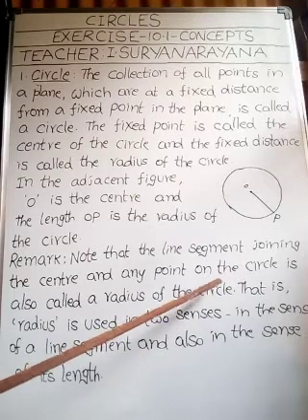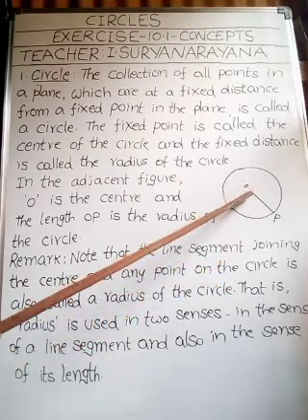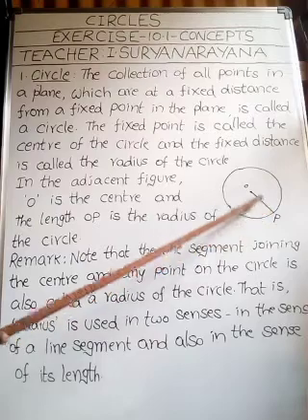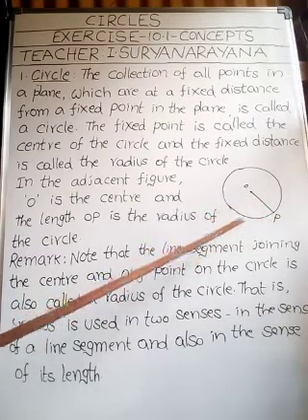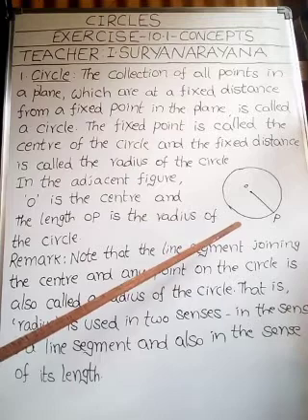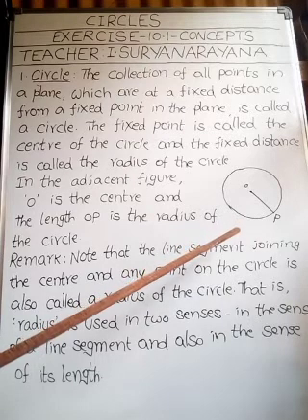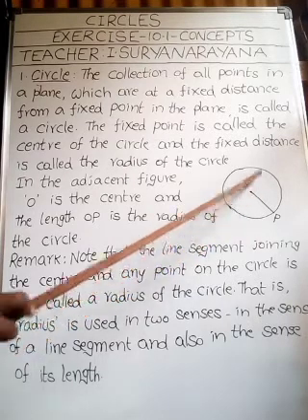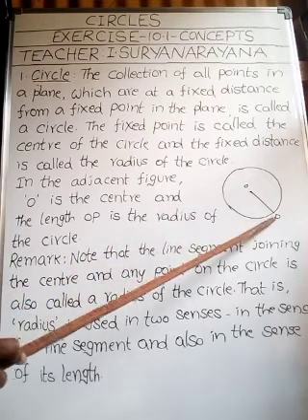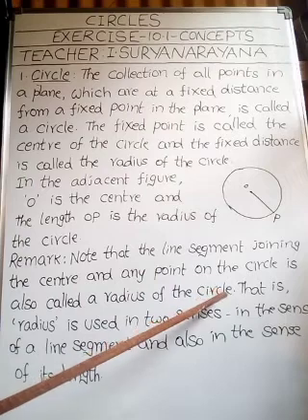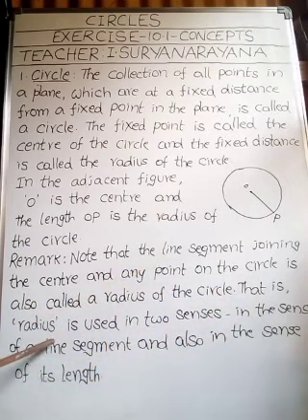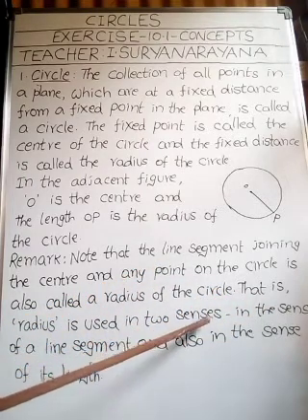Understood this point, my children? If you observe only this part of this figure, OP is only a line segment. But here we don't call it a line segment. With respect to this circle, this OP line segment is called the radius of the circle. Is this point clear, my dear children? Right. That is, radius is used in two senses.